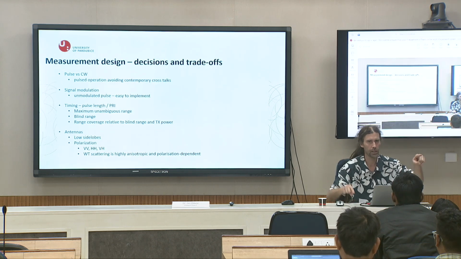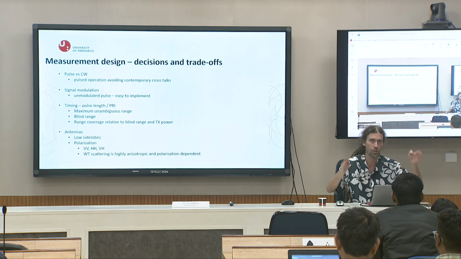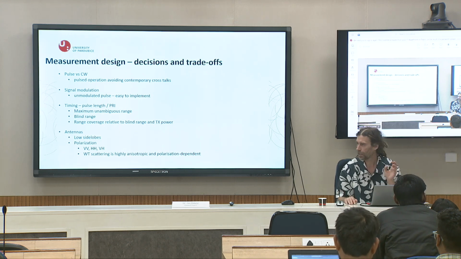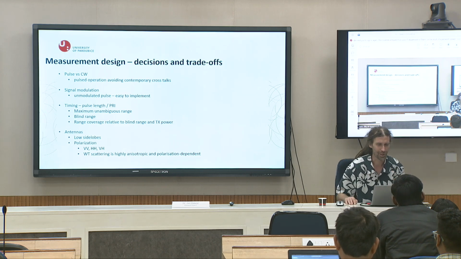So if we put vertical transmission and receiving, we have vertical measurement, vertical-horizontal, or horizontal. We could make all these combinations. You will see later that the selection of polarization very much influences the measured data. But you probably know it very well.